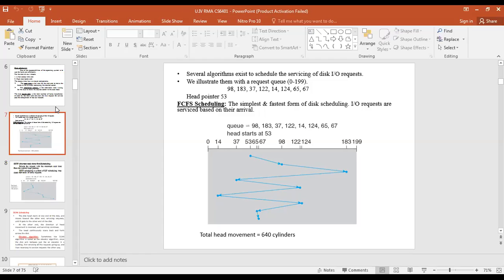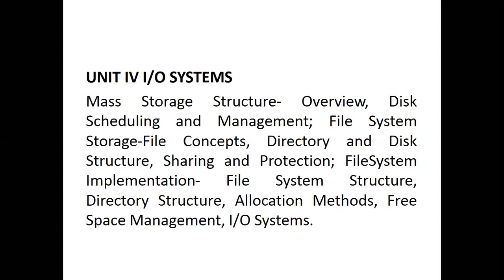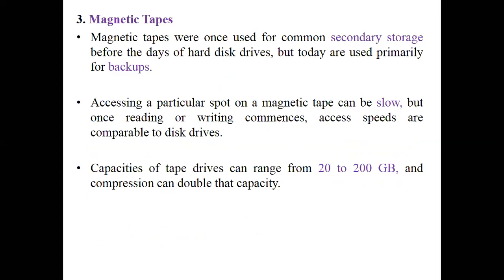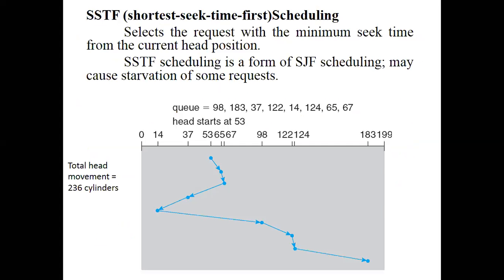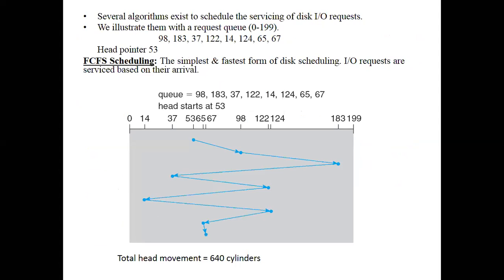So totally 8 requests are there in the queue. We assume that our head starts at cylinder 53.